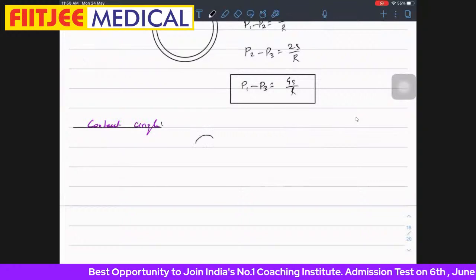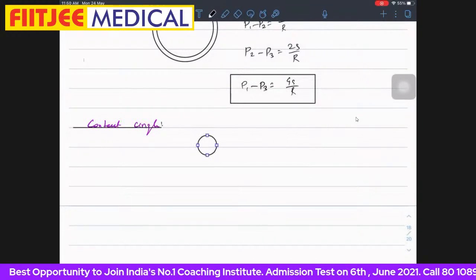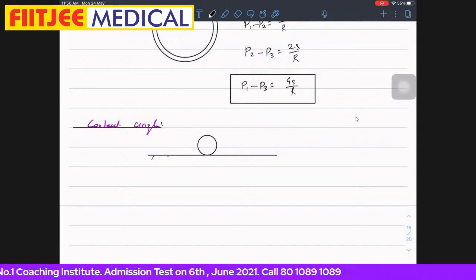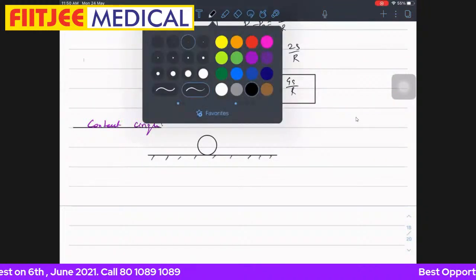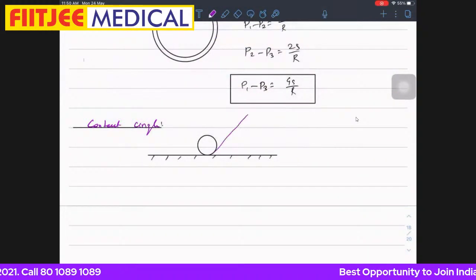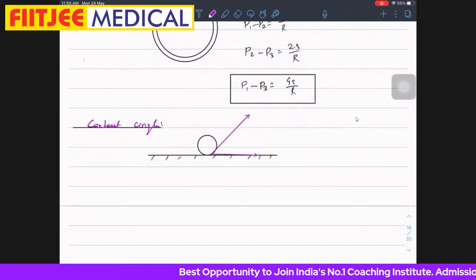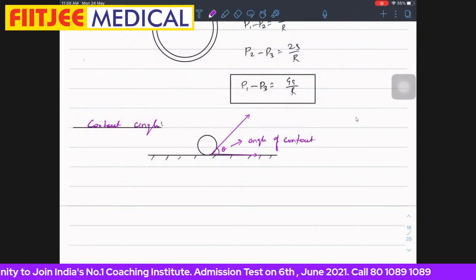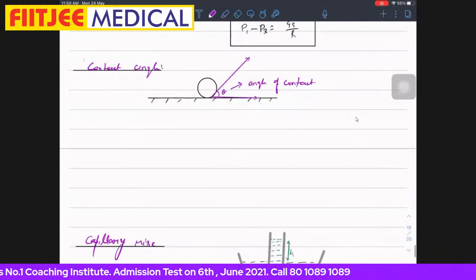If you keep any liquid droplet on a solid surface, and you draw a tangent here, the angle it forms is called the angle of contact. If you draw a tangent, try to understand.